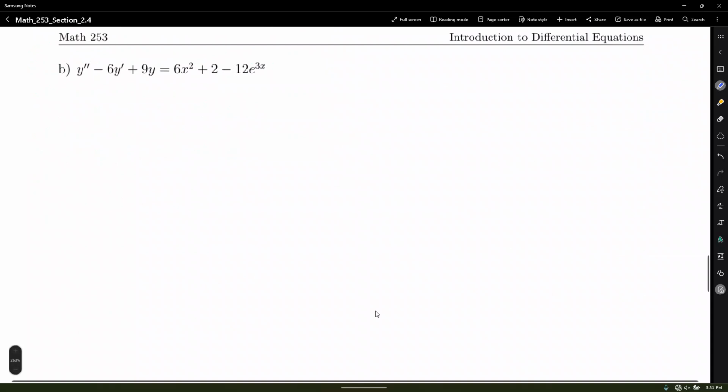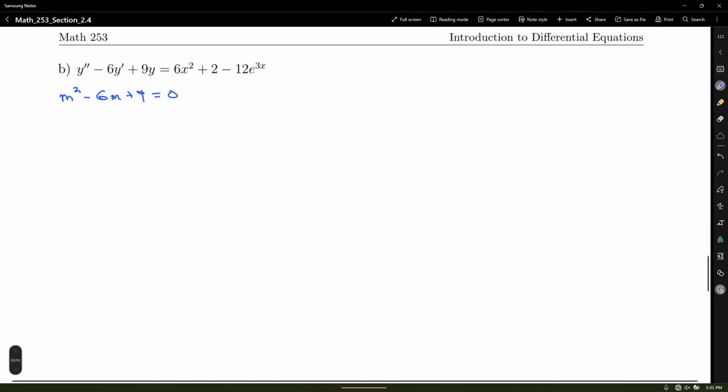So what do we have? y double prime minus 6y prime plus 9y equals 6x squared plus 2 minus 12 e to the 3x. Again, let's get the auxiliary or characteristic equation for the homogeneous equation. That's m squared minus 6m plus 9 equal to 0.